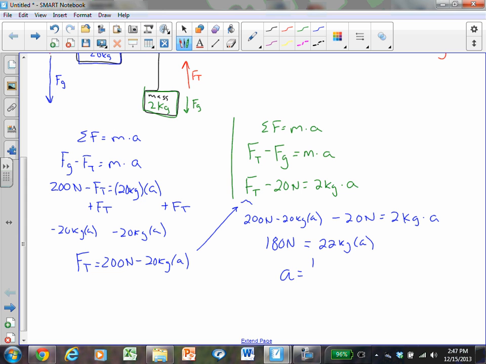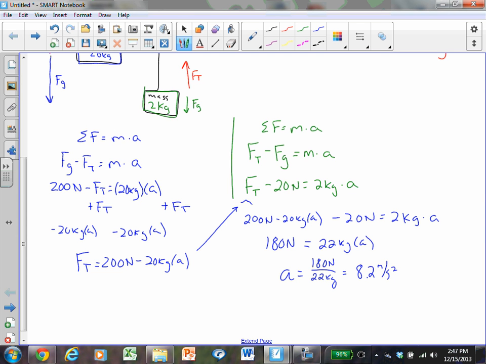So a equals 180 newtons divided by 22 kilograms, which is 8.2, and as we've seen, that's meters per second squared.